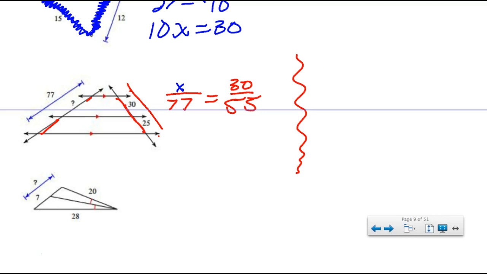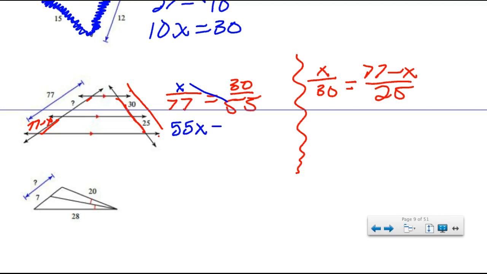I can also say x is to 30 as this piece, which would be 77 minus x, is to 25. When I solve both of these, I'll get the exact same answer. Let's go do it. On the first one, I'd have 55x equals, and then I go to a calculator and do 77 times 30, and I'd get 2,310. I would divide both sides by 55, and I'd get an x of 42, and I'd be done.